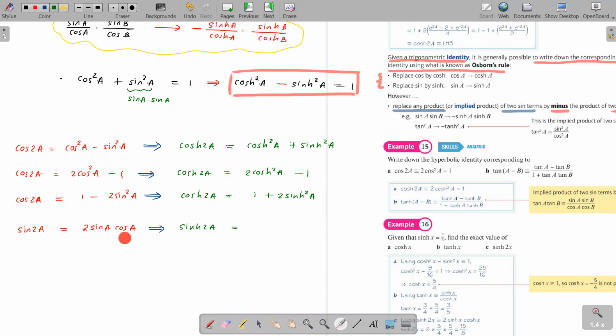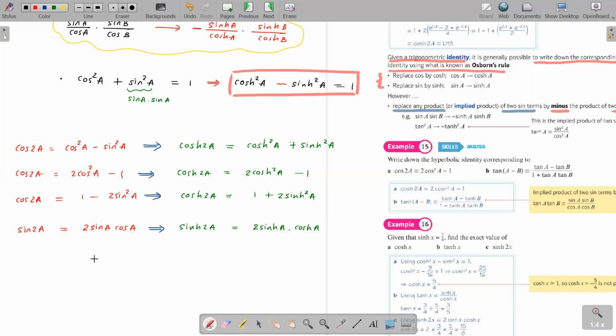Do we have any product of two sine terms? You can see you have sine and cos, so you don't have a product of two sine terms specifically. So it's going to be 2 sinh A cosh A. You don't have a negative sign generated, so you can directly convert here. That's no problem. These are some really important rules that you will definitely need to follow.